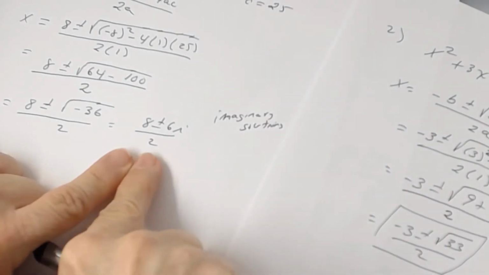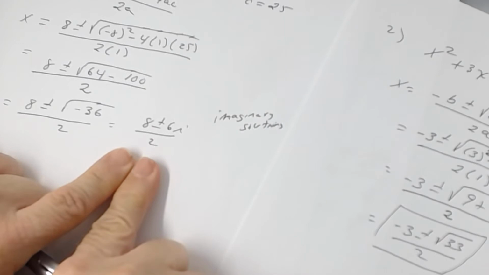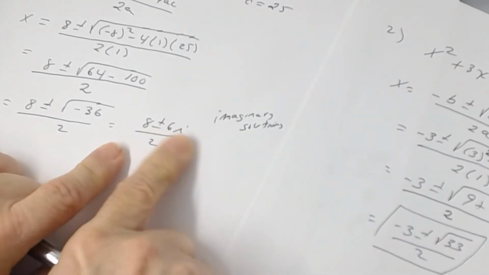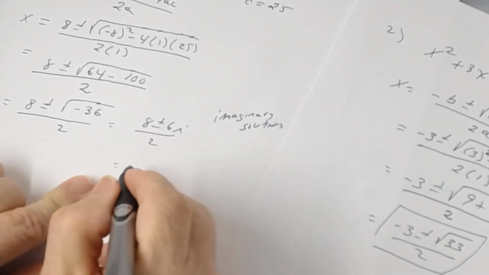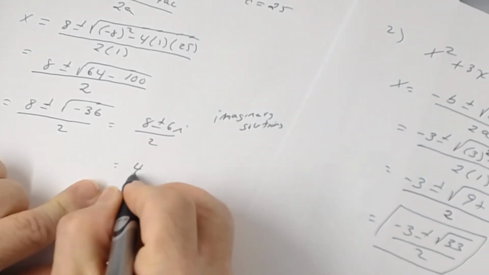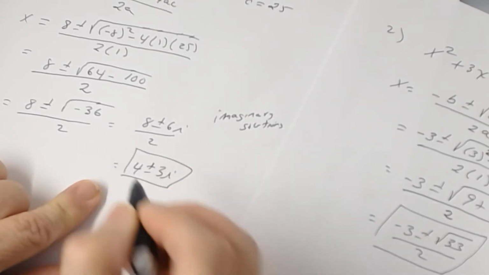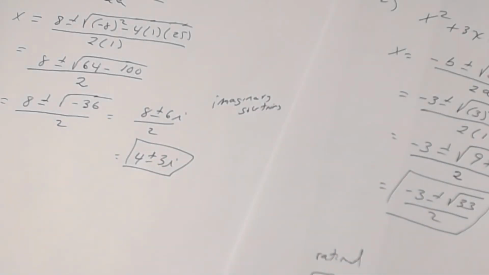You can't just say this is your answer, because I know you can do something else to this. They're all divisible by what? 2. So this really becomes, the better answer I want is for you to say 4 what? Plus or minus 3i. That's what I want you to say.